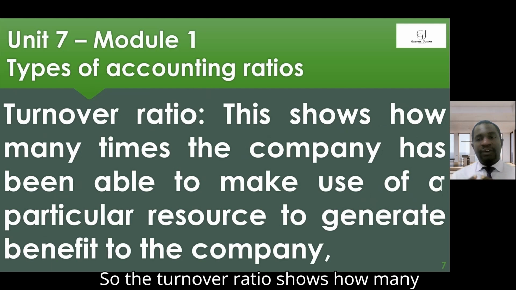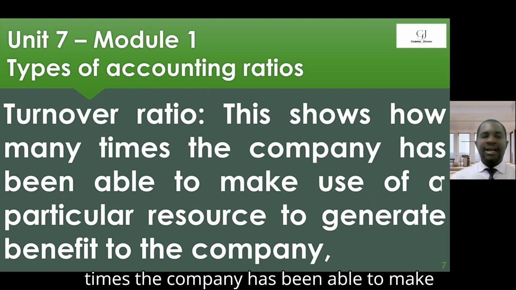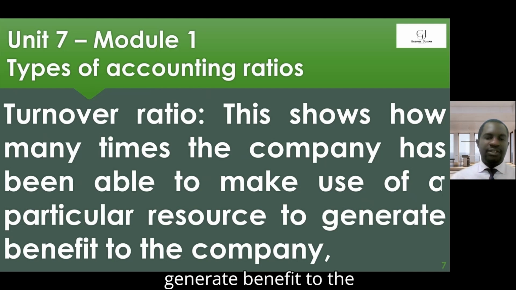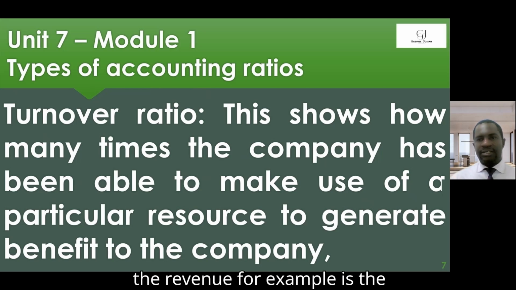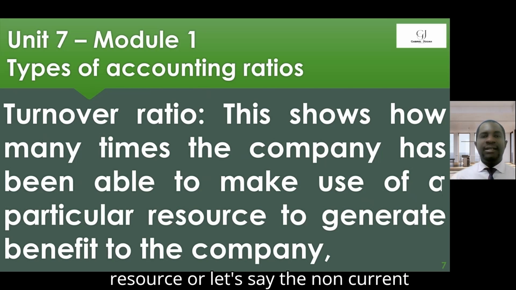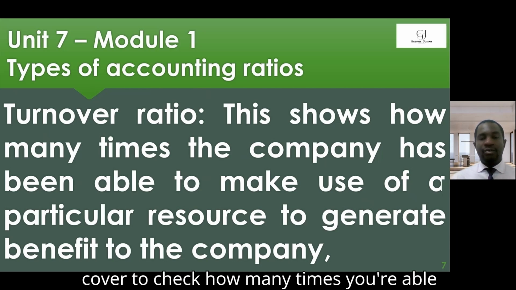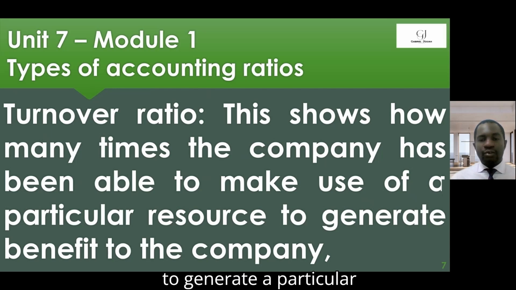The turnover ratio shows how many times the company has been able to make use of its particular resource to generate benefit to the company. So the revenue, for example, or let's say the non-current asset you used for economic activities, is the resource you are using to check how many times you're able to generate a particular amount of benefit.